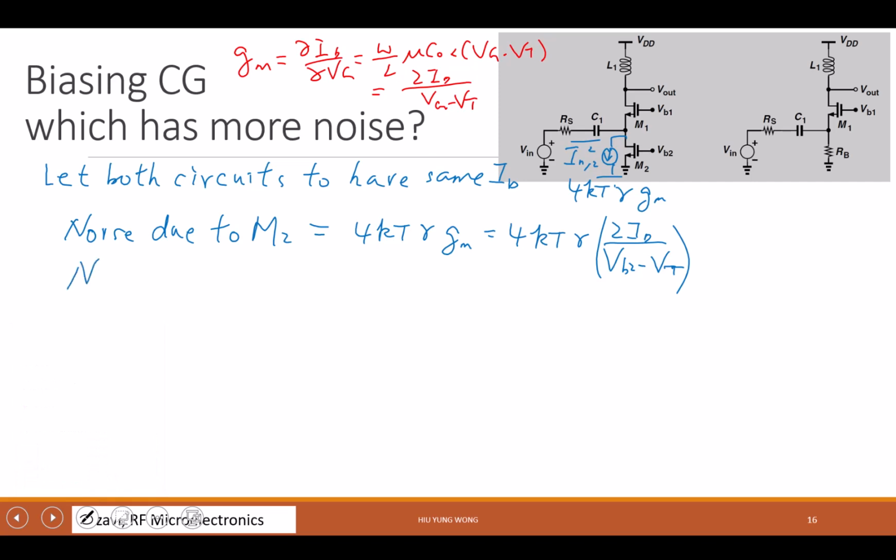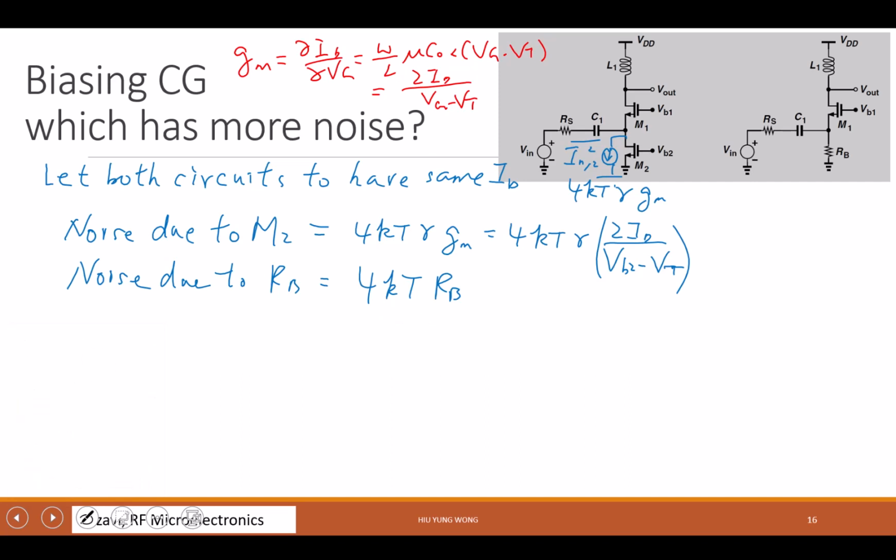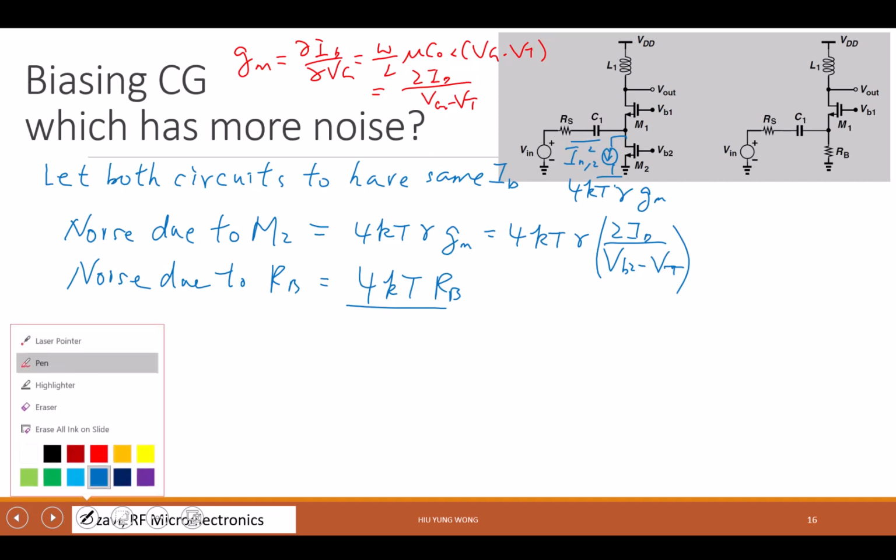Then how about the noise due to the RB? It is 4kT RB, right, for voltage. Am I right?